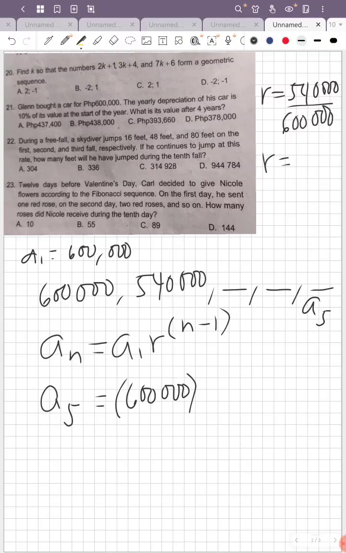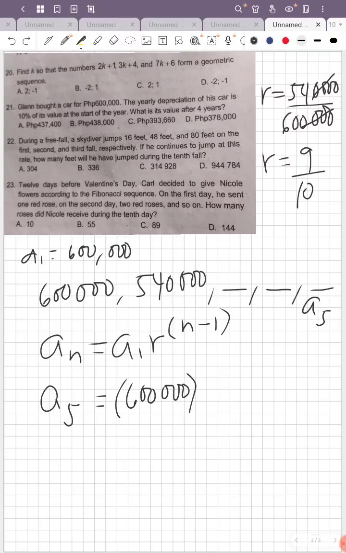So r is equal to, cancel the 0, and 54 and 60 are both divisible by 6. So 54 divided by 6 is 9, and 60 divided by 6 is 10. So the ratio would be 9 over 10.